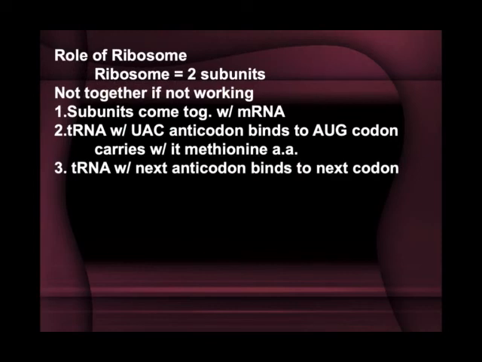The ribosome is going to sit right there, and there's another slot for the next tRNA with the right anticodon to come in and bind. Once that happens, the next amino acid is on this new tRNA right next to the one we just placed.